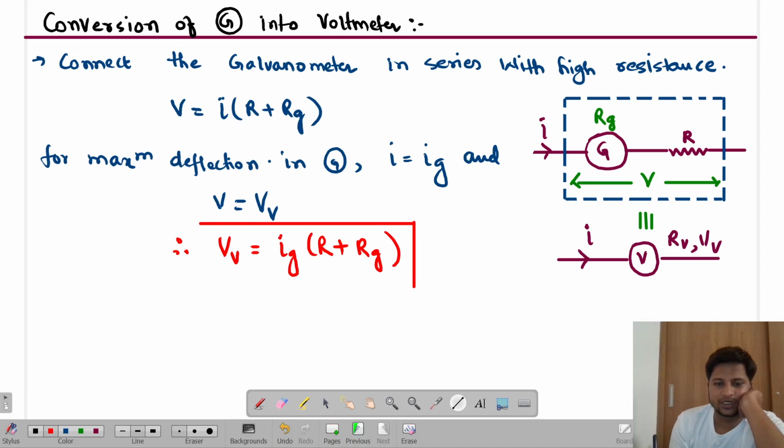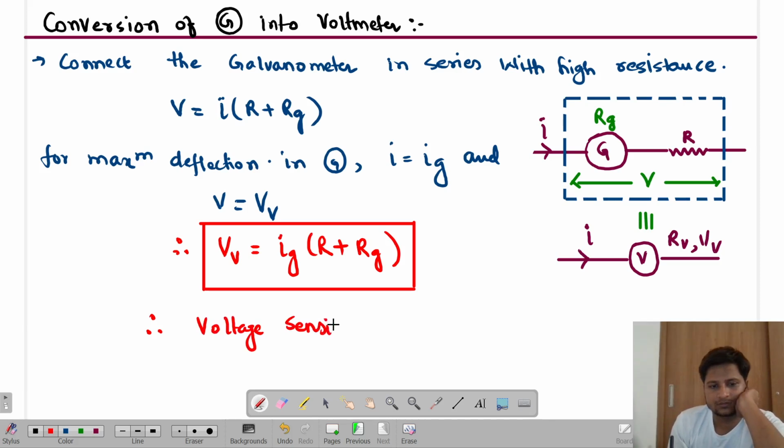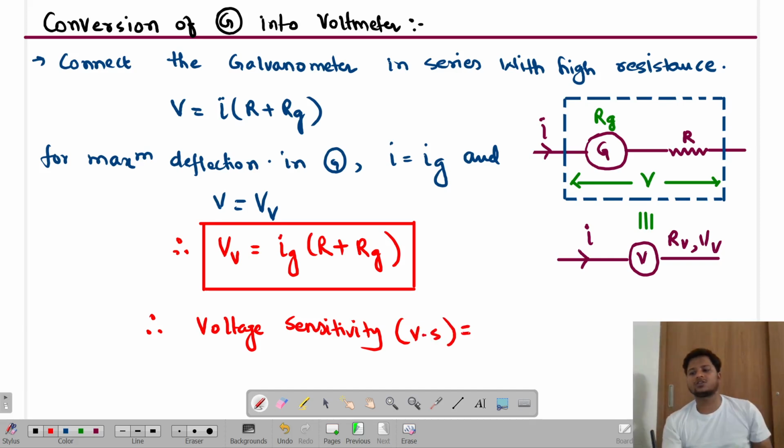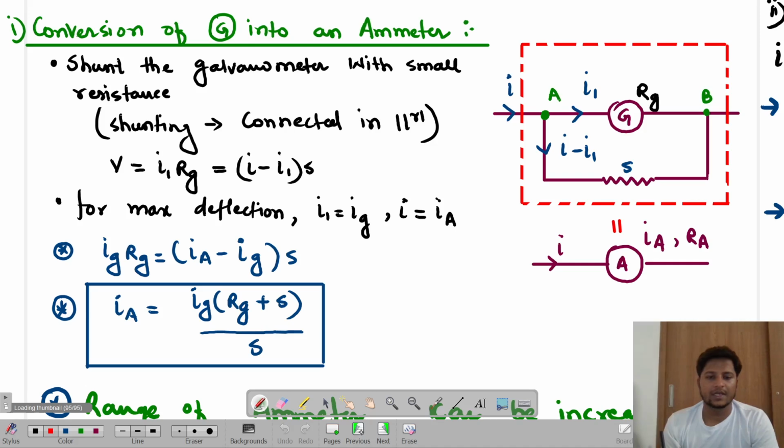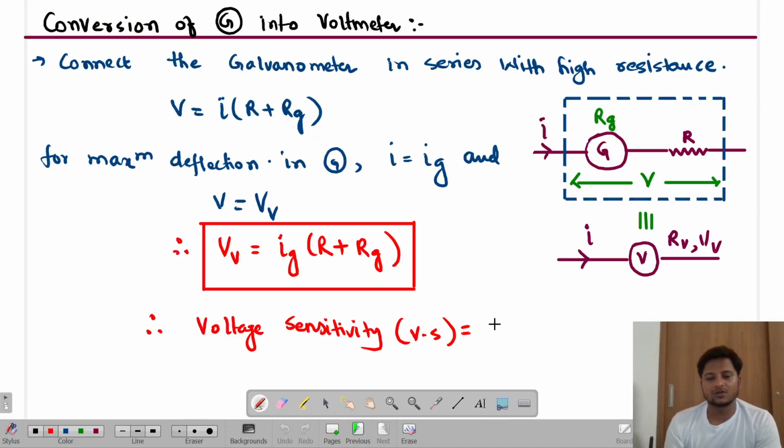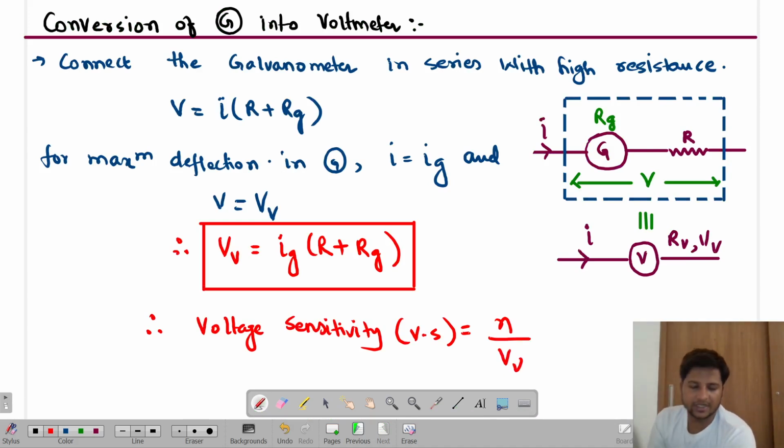So look over here. Voltmeter is measuring voltage. So basically, I can define my voltage sensitivity. Let's suppose this is Vs. It will be equal to how much? Like we define, number of divisions by voltage.